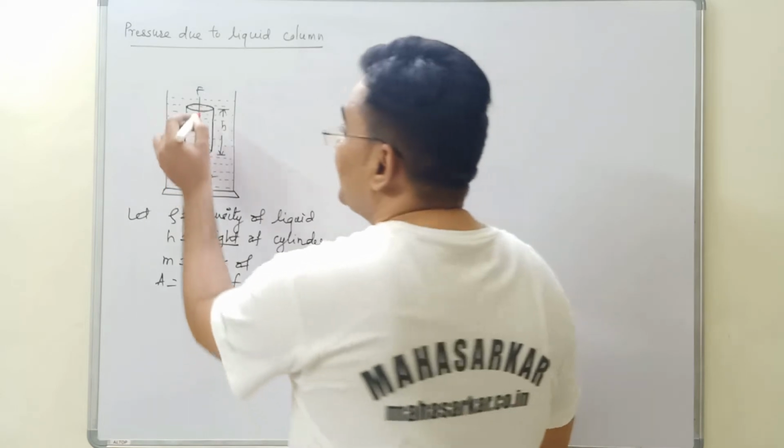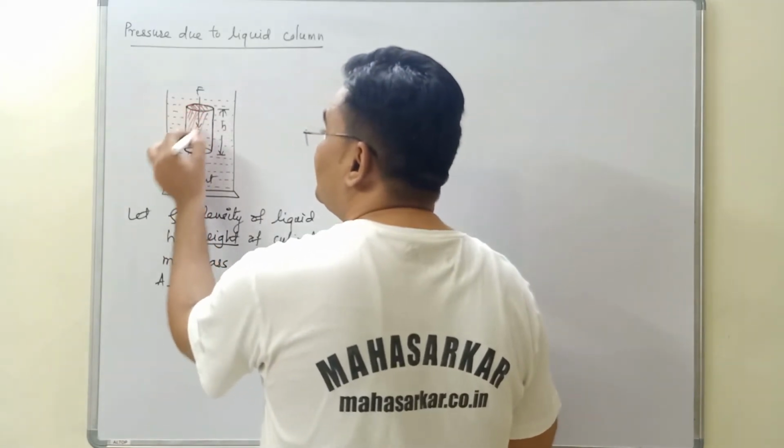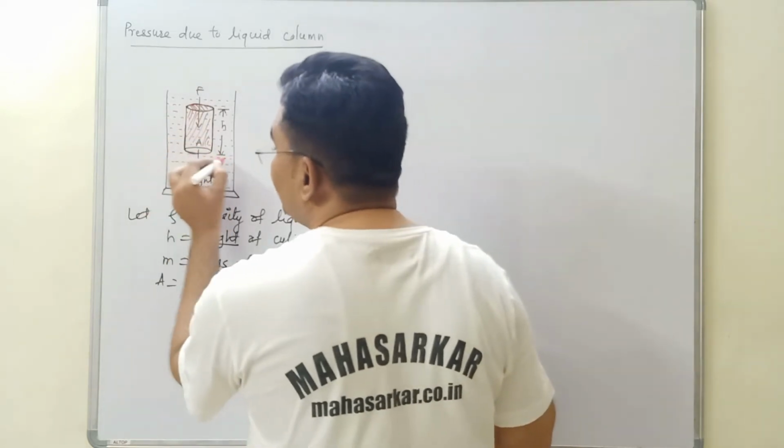Now this cylinder is exerting force on the remaining layers of the liquid. For example, this is the cylinder. This cylinder is trying to exert force on the remaining layers of the liquid.